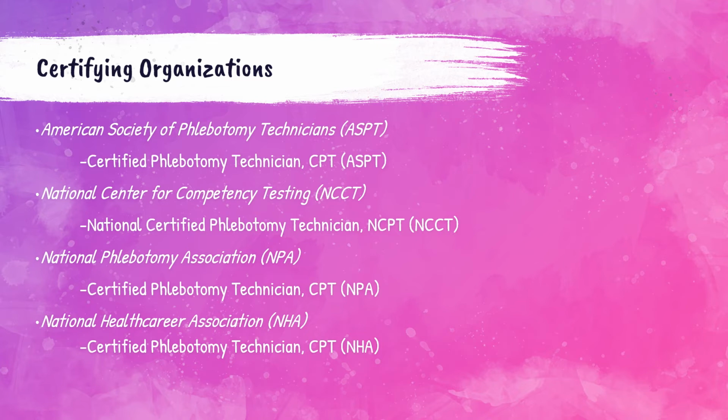There is the National Phlebotomy Association, or NPA, and the designated certification is Certified Phlebotomy Technician, or CPT NPA. And also, there is a National Health Career Association, or NHA, and the certification designation for that is Certified Phlebotomy Technician, or CPT NHA. So all of these agencies that I just listed are agencies that a phlebotomist can get certified through.